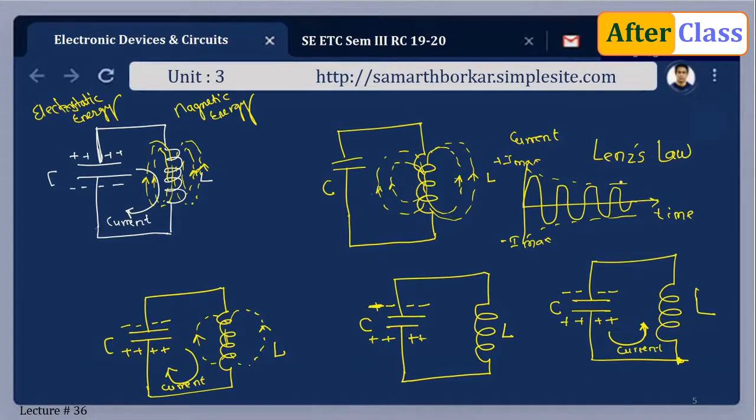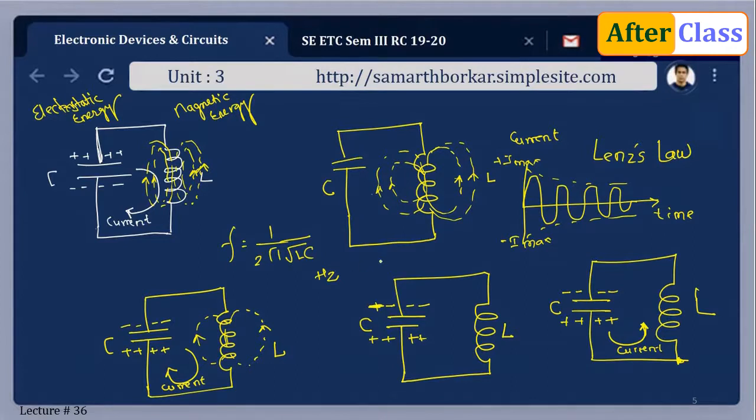Due to supply of energy which is lost, the oscillations get maintained and hence are called sustained oscillations or undamped oscillations. The frequency of oscillations generated by an LC tank circuit depends on the values of L and C and is given as f equals 1 upon 2 pi root LC Hertz, where L is in Henrys and C is in Farads.